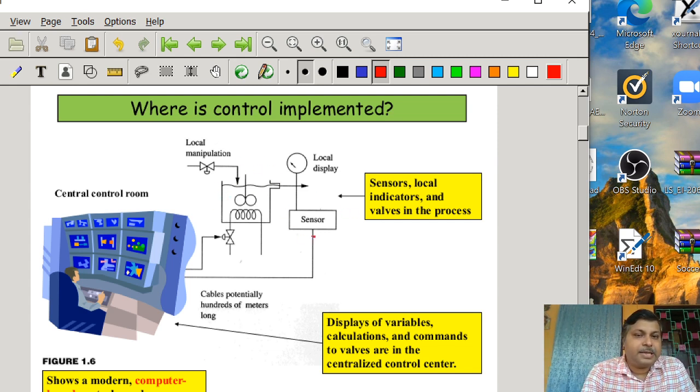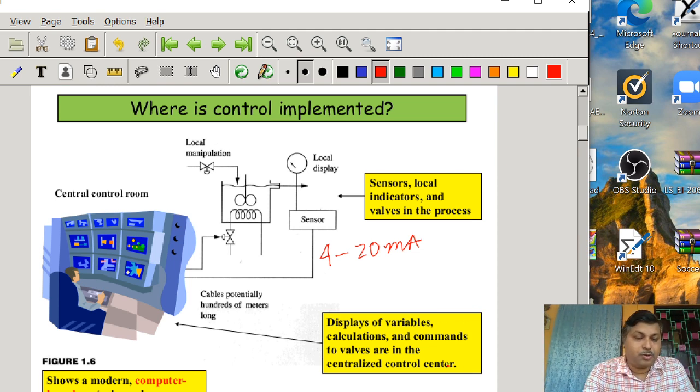The sensors sense the measured value, and it is sent as a current signal, 4 to 20 milliampere, to a modern control room, and control computations are there.